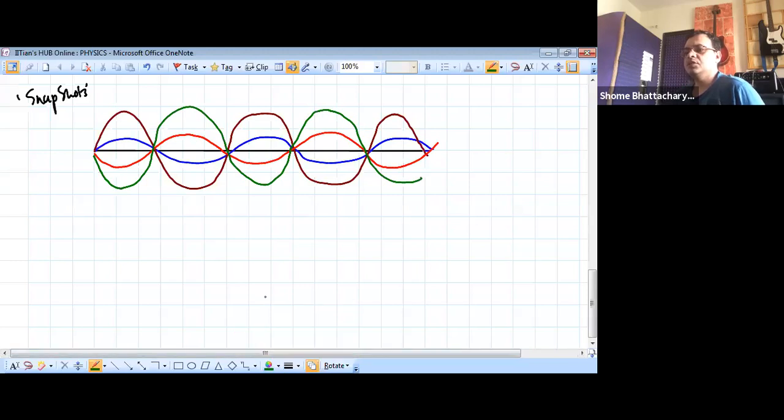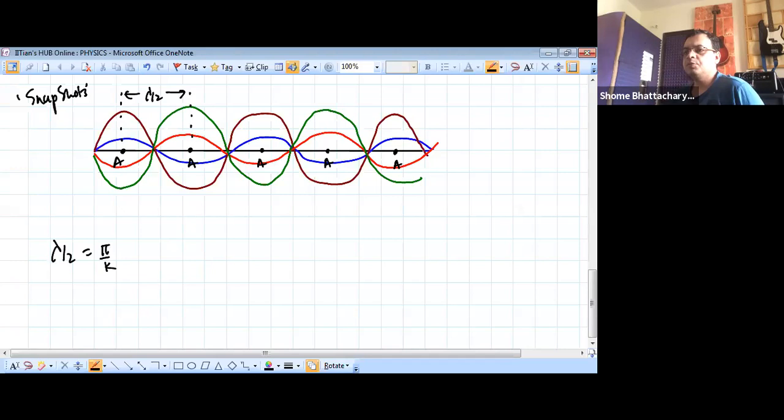So in this diagram you can see that these points become the antinodes, where the amplitude is maximum. And we had seen by calculation that the distance between two consecutive antinodes is λ/2. λ/2 is the same thing as π/k, because 2π/k was λ.